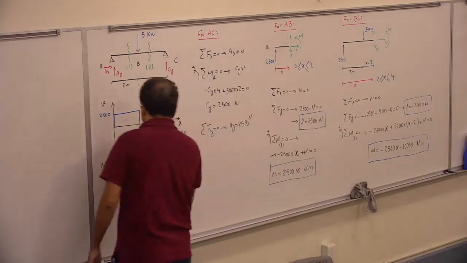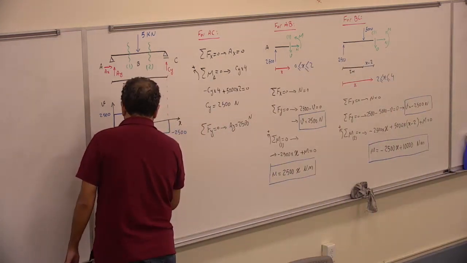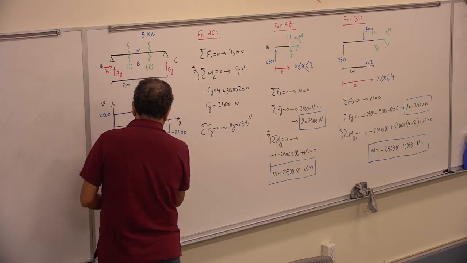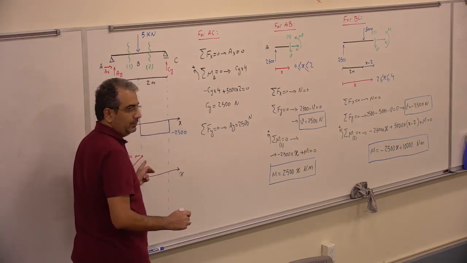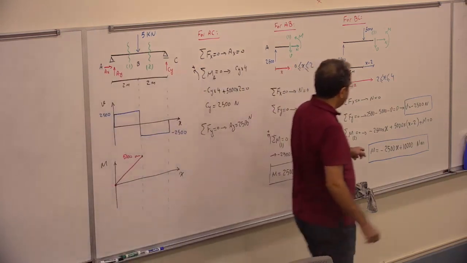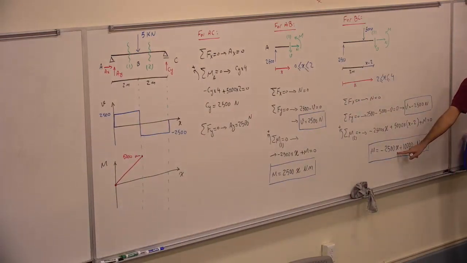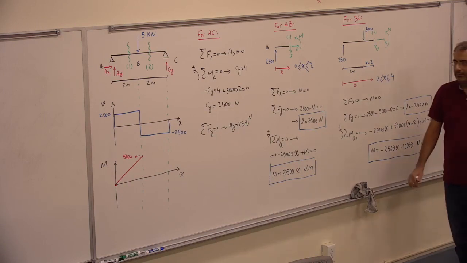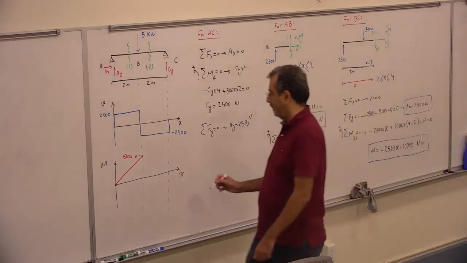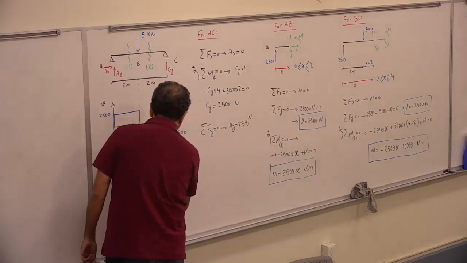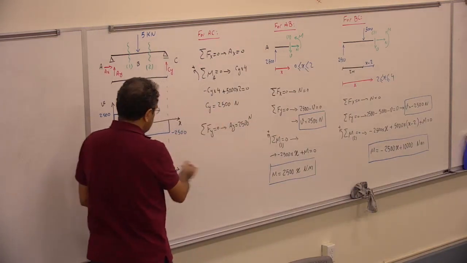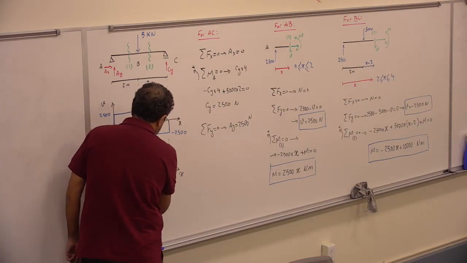So if this is 5000, it's going to be starting at 5000. And if I put 4 there, goes back to 0. And it is linear, so I don't need to find anything in between.